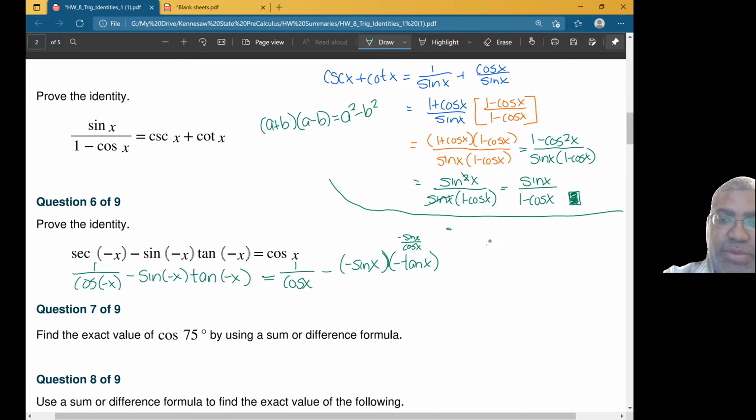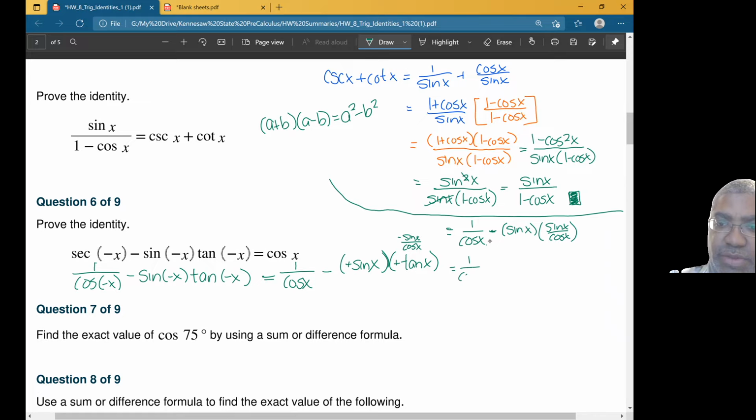All right, so we have equal to 1 over cosine x minus, the negatives for these two cancel out, so I get minus sine of x times sine of x over cosine of x.